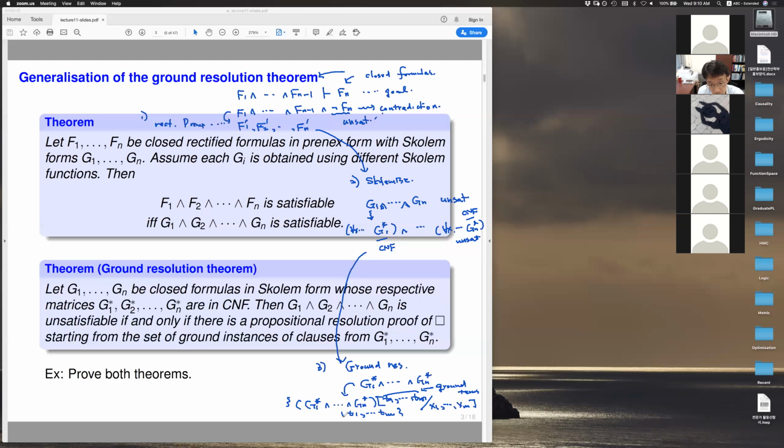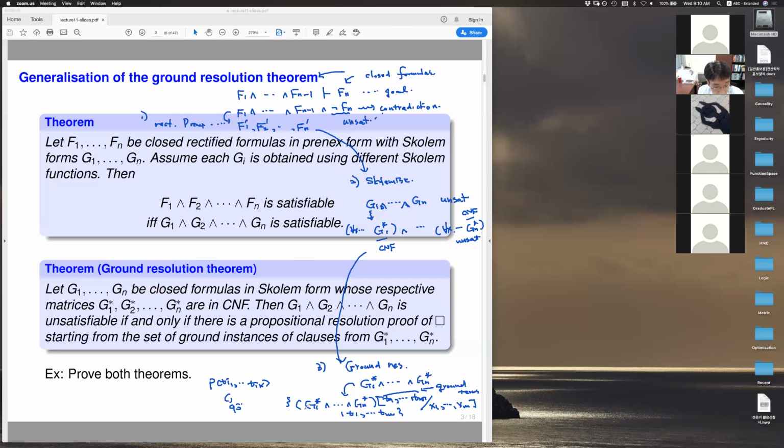When you apply it, you treat all these predicate symbols applied to ground terms, like P applied to T1 up to Tk, as predicate symbols.